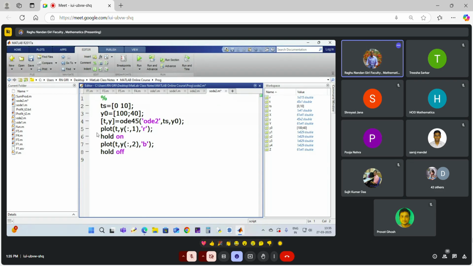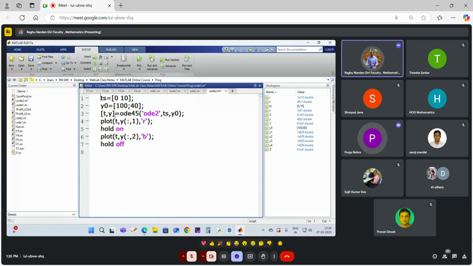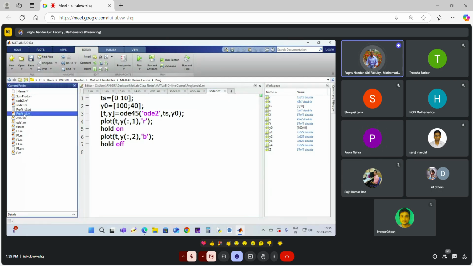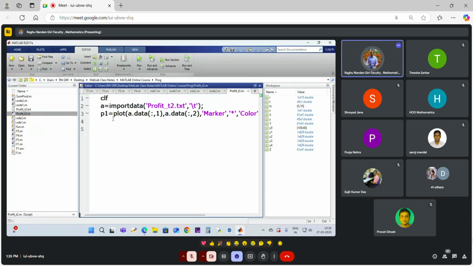Before that there is a percentage sign. This is a comment line. Then to clear the figure window, there is a command, I think clf. You are asking about clf.